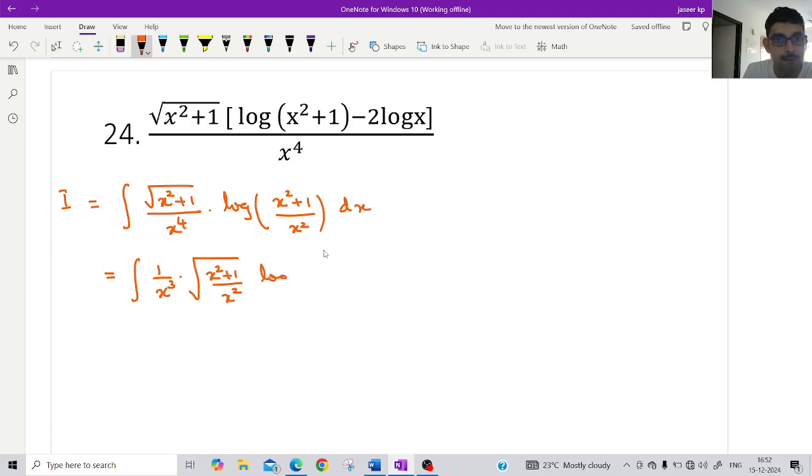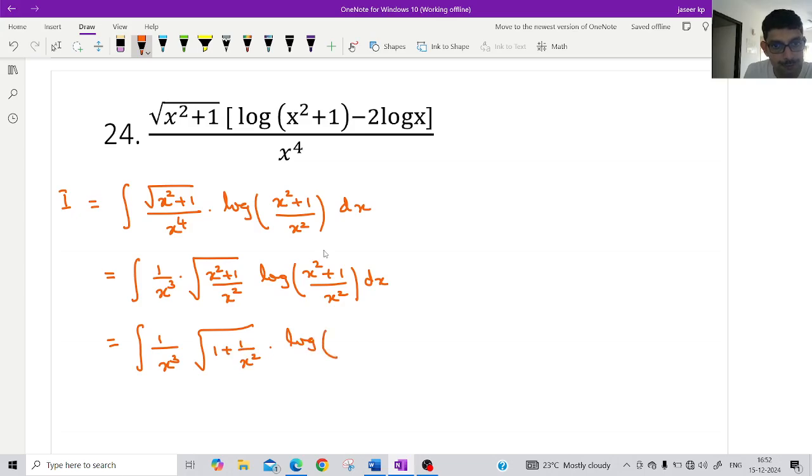So log of x square plus 1 by x square dx. So that is integral of 1 by x cube root of, this can be written as 1 plus 1 by x square. Here also log of 1 plus 1 by x square dx.